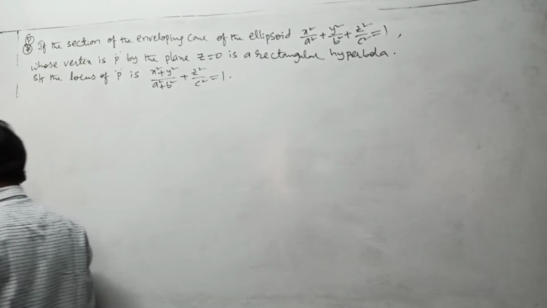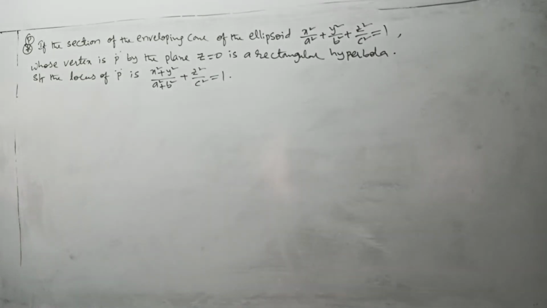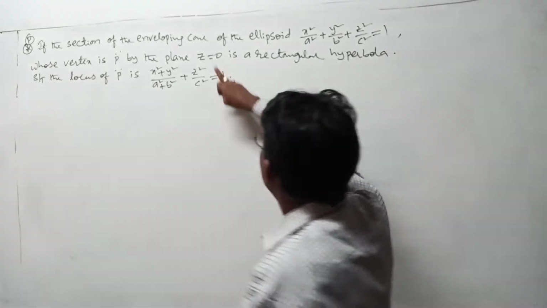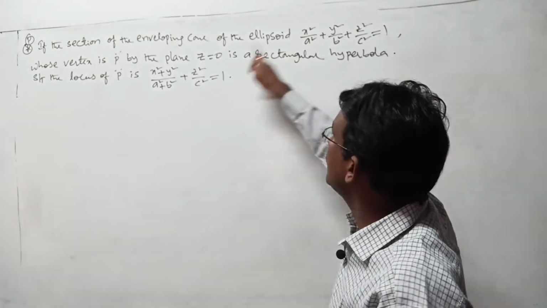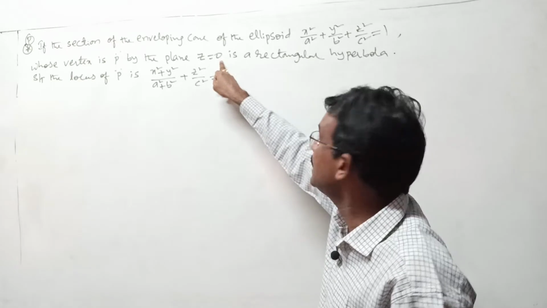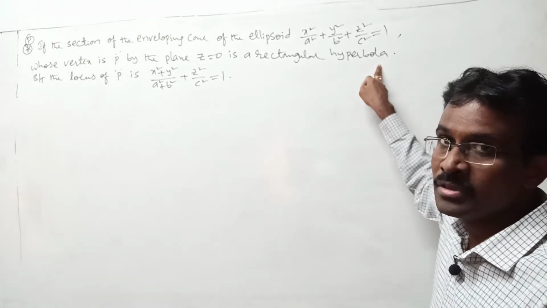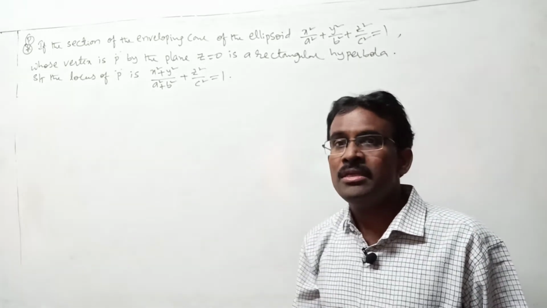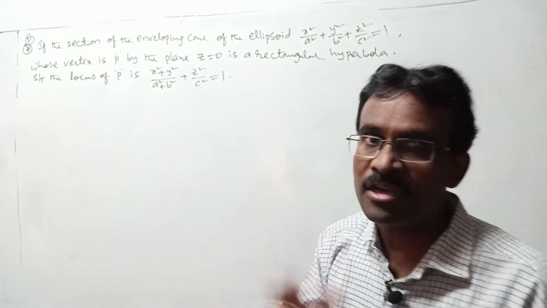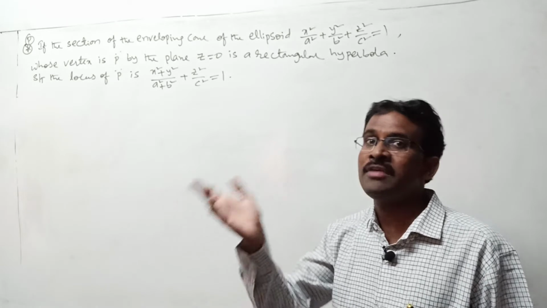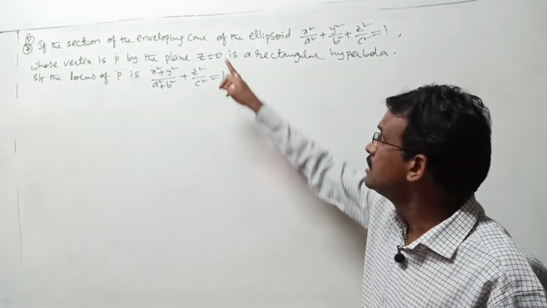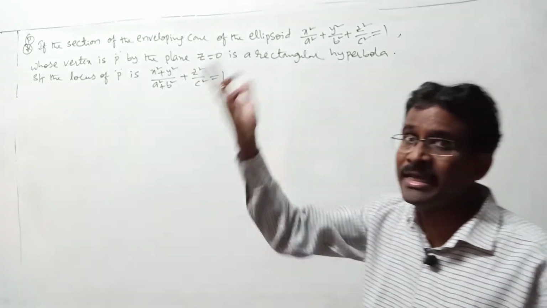It is the same as your previous question, but the difference is that whenever you cut this conicoid by z equal to 0, there you get a circle, here it is a rectangular hyperbola. Rectangular hyperbola means the coefficient of x square plus coefficient of y square equal to 0. If a z axis is there, the coefficient of z square is also 0, but z equals 0, that's why there is no z term here.